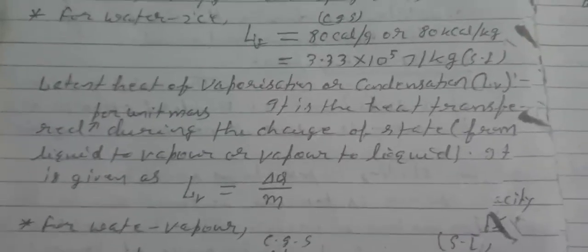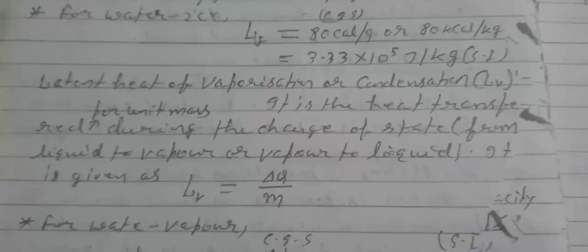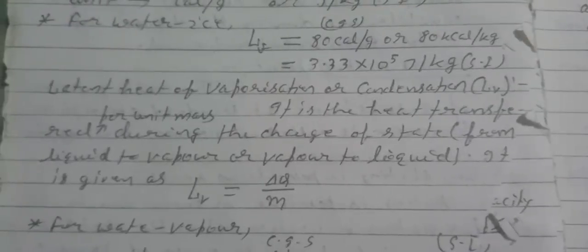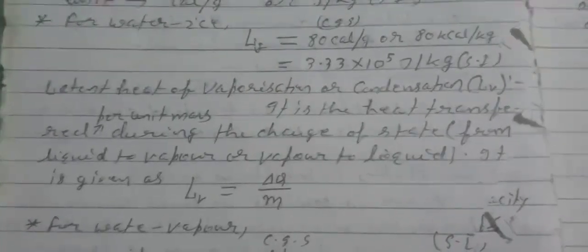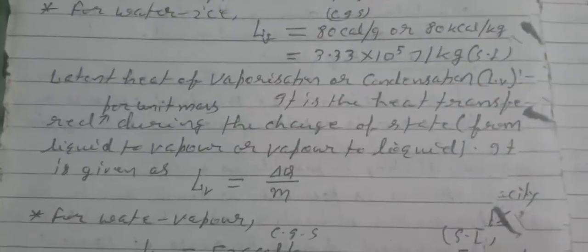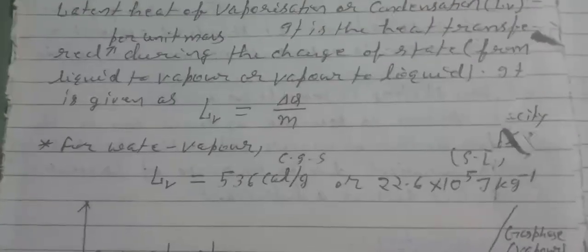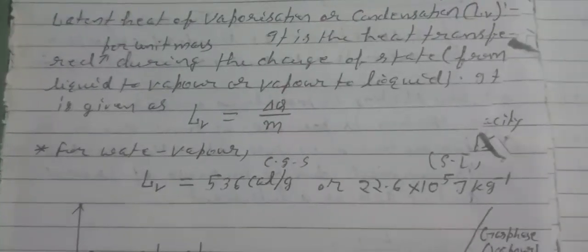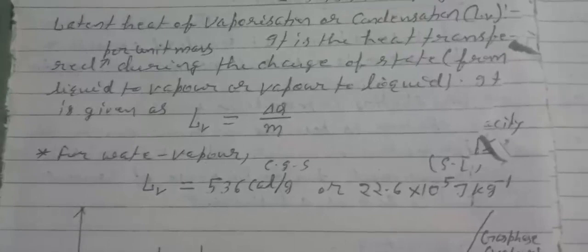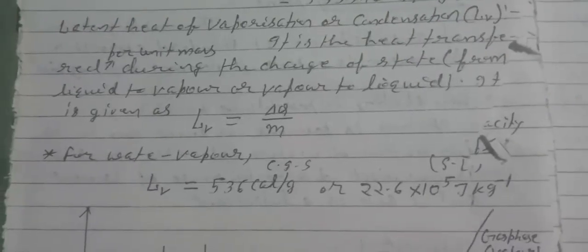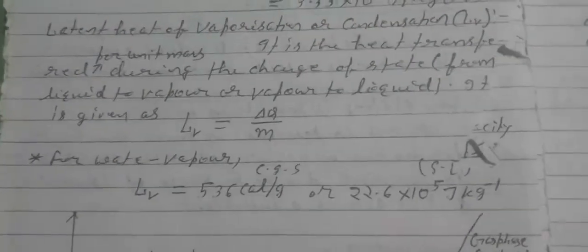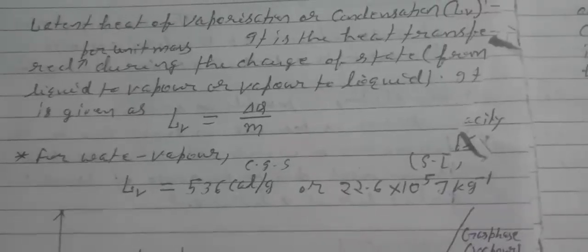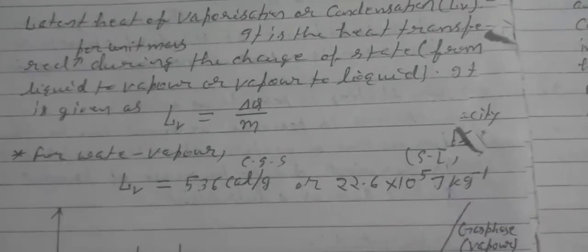It is the heat transferred per unit mass during the change of state from liquid to vapor or vapor to liquid. It is given as LV = ΔQ/m. For water vapor, LV = 536 calorie per gram or 22.6 × 10⁵ joule per kg.